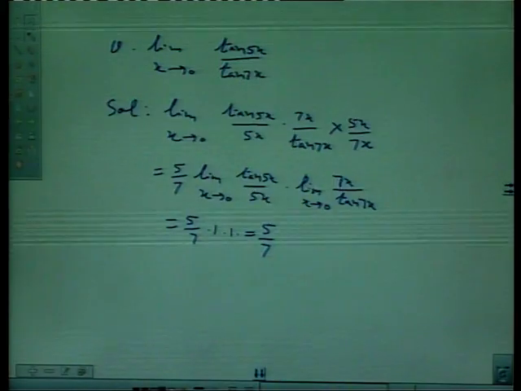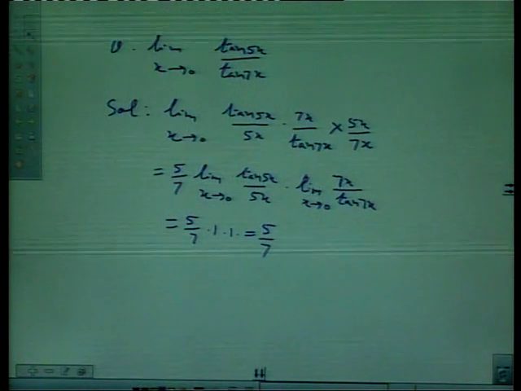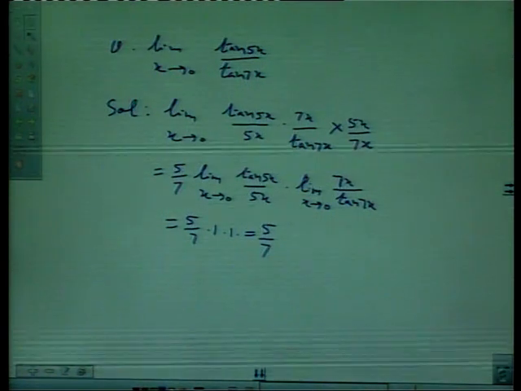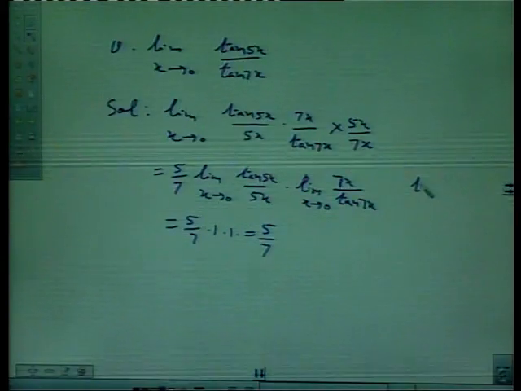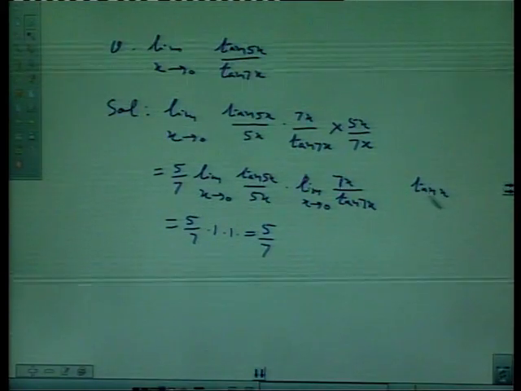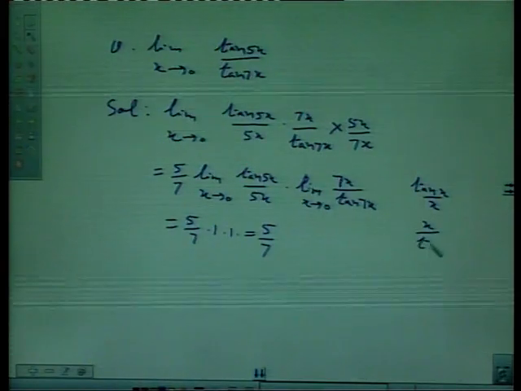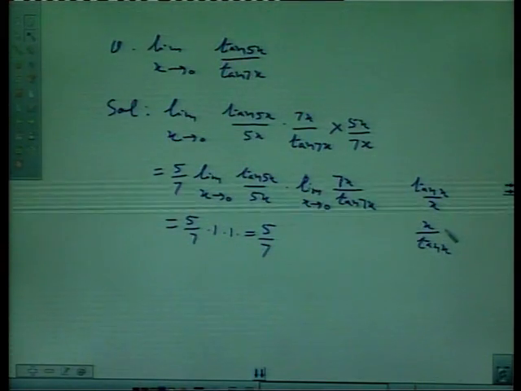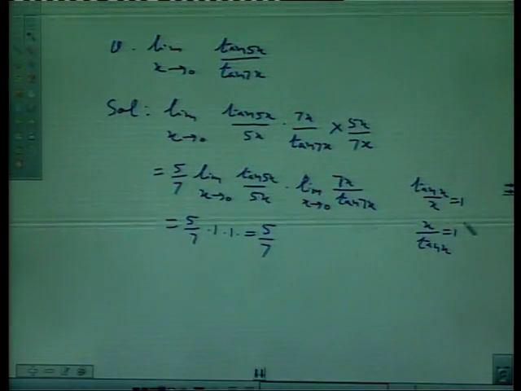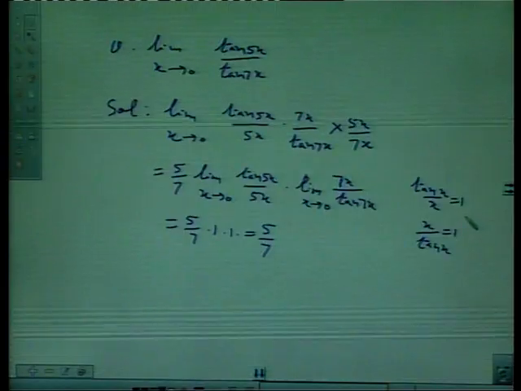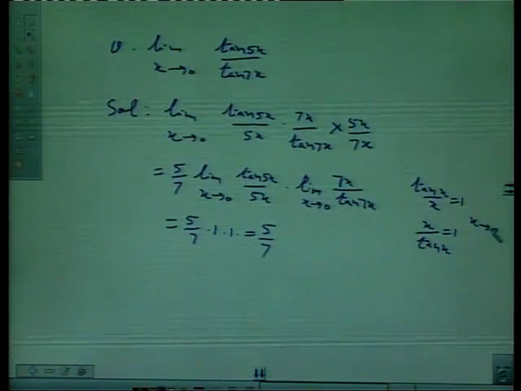When we take 5 upon 7 outside, we get this limit into two limits, and these two limits are standard limits, as I told you: tan x upon x and x upon tan x, they are equal to 1 when x tends to 0.